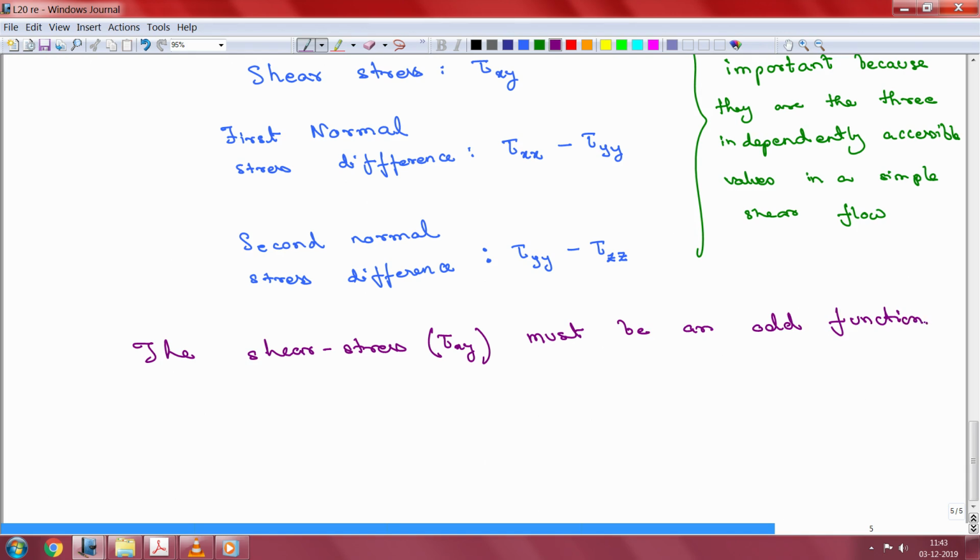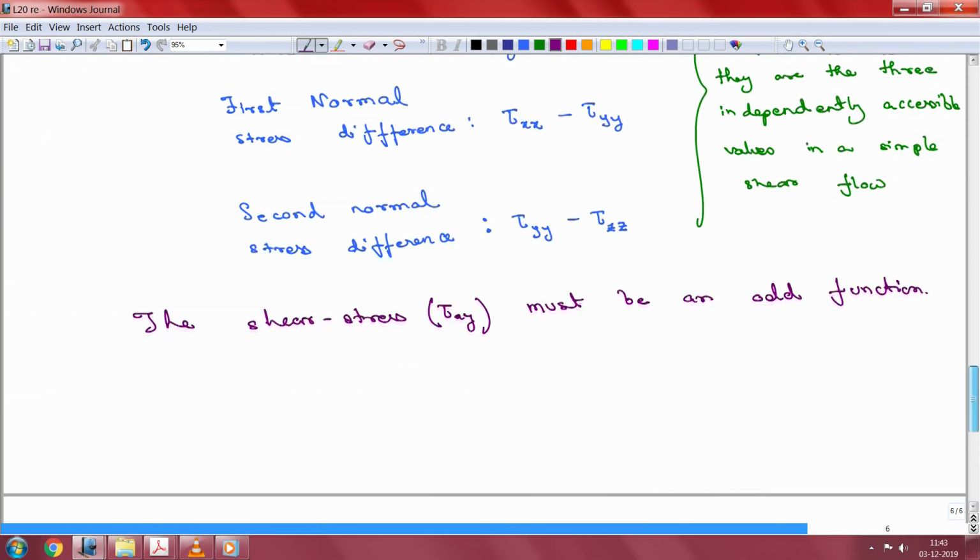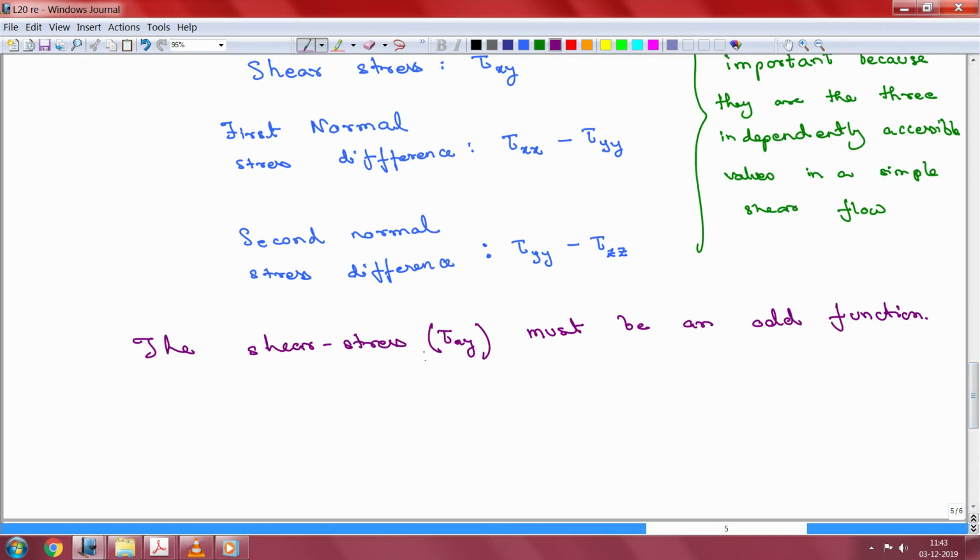You can probably figure that out from a physical argument: if the direction of flow changes, then tau xy should change its sign. If the flow remains exactly the same, but the direction of u is reversed, then tau xy will have the same value, but with a different sign. Right. So, this will be an odd function.